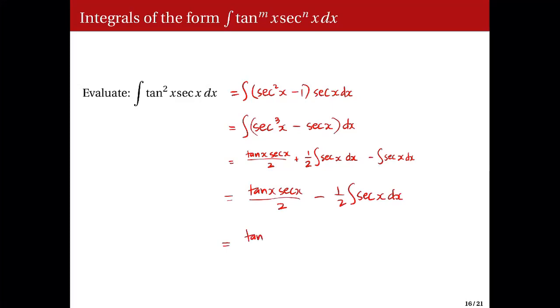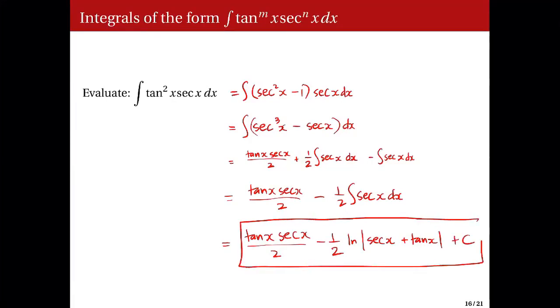And then let us now integrate secant x. We will have ln, absolute value of secant x plus tangent x, plus the arbitrary constant c. So this is the final answer.